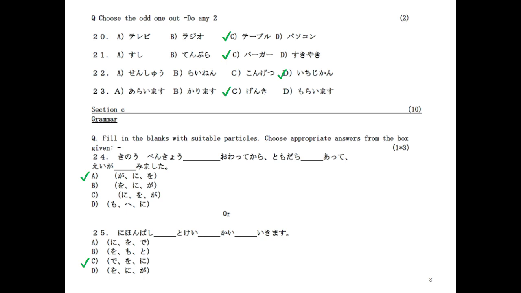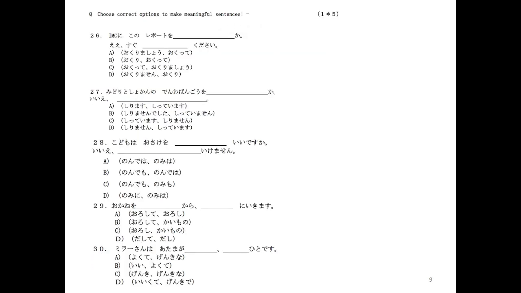Let's go to question number 26. IMC ni kono report o dash ka? Sugu dash kudasai. What is going to come here? The correct answer is okurimashou and okutte kudasai.